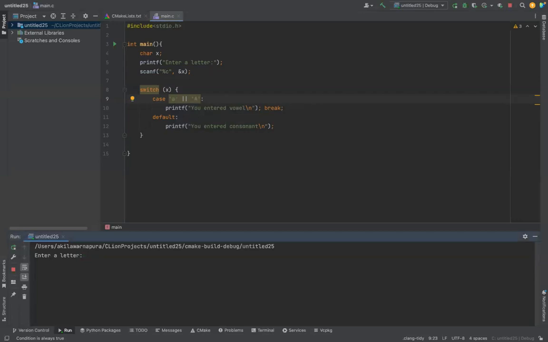That means here you are providing A. It provides the consonant. It works for the first line. When we use it for both lines, it causes an error. Here you use case A.